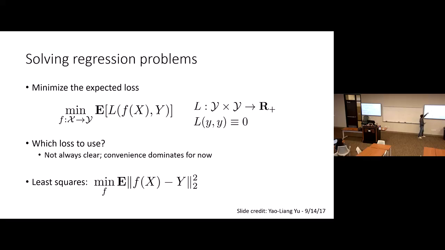You try to minimize the expectation of the difference between this and that. This is a loss function. L means loss, okay? Loss means if you cannot predict y very well, you lost power or something, you missed. So this is called a loss function.